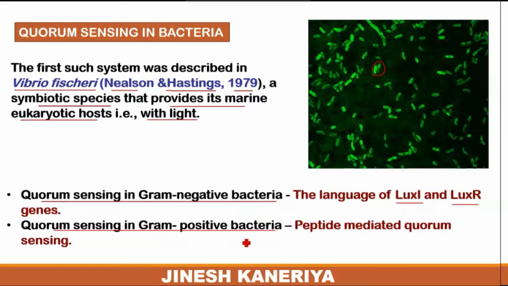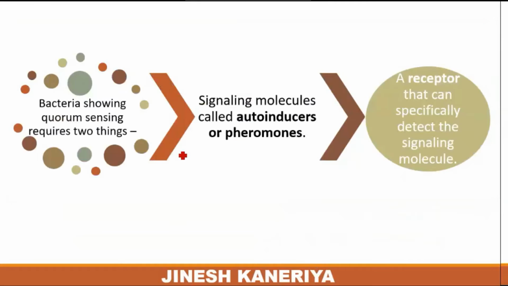In gram-positive bacteria, it involves peptide-mediated quorum sensing. So these are the two types of quorum sensing: first, gram-negative bacteria, which activate gene expression via LuxI and LuxR, and second, gram-positive bacteria, which use peptide-mediated quorum sensing.